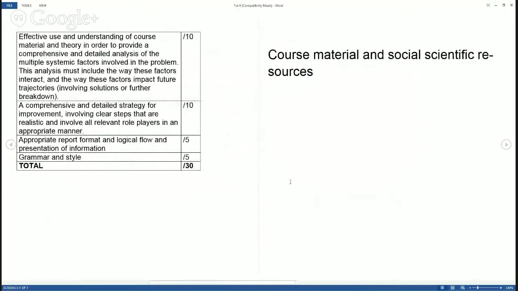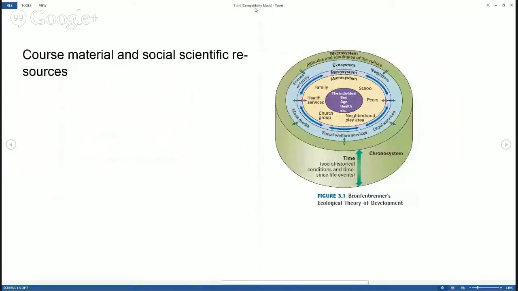So let's have a look at some of the course material and social scientific resources that could come into the assignments as you'd be doing it. For example, if we first just look at Bronfenbrenner's ecological theory of development, this would be a good example of something that you could refer to or use to get a comprehensive picture.